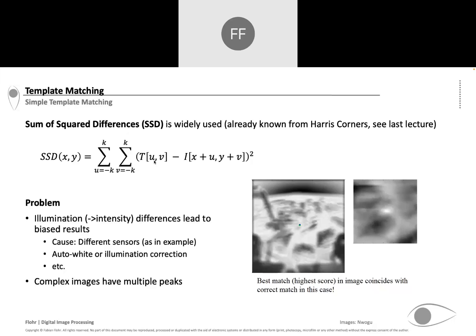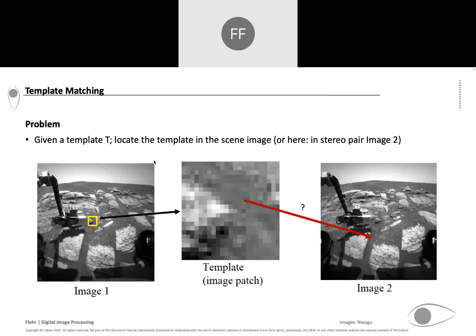We're just summing over the complete window, which has a size of 2K in that example, so 2K in vertical and 2K in horizontal direction. We're summing over these squared differences to get a value for each location based on our template T. And this is the response.